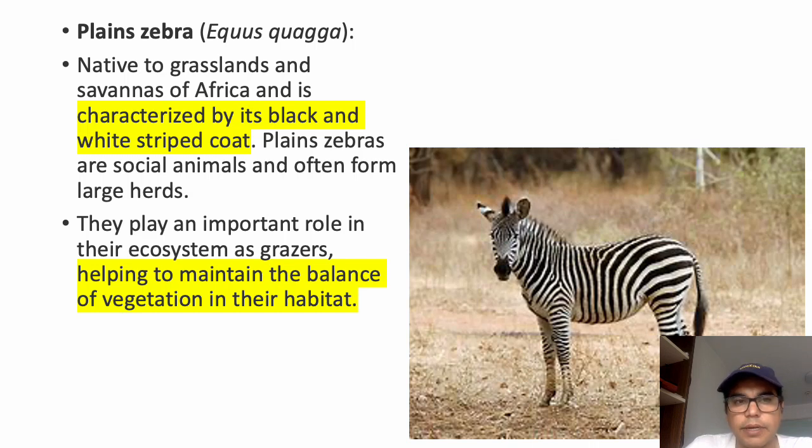They are comparatively more social. Because of this characteristic, they can be found in herds, and as we know that they are social animals, that's why they can be found in large herds, and also play an important role in maintaining the ecosystem balance through the vegetation process.